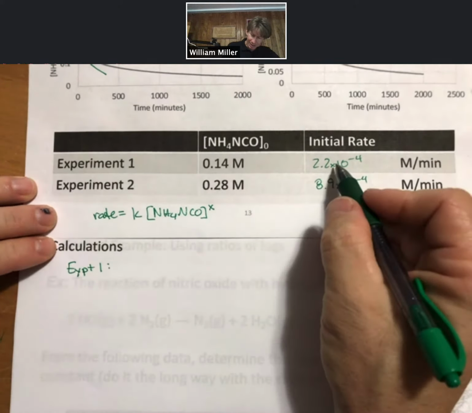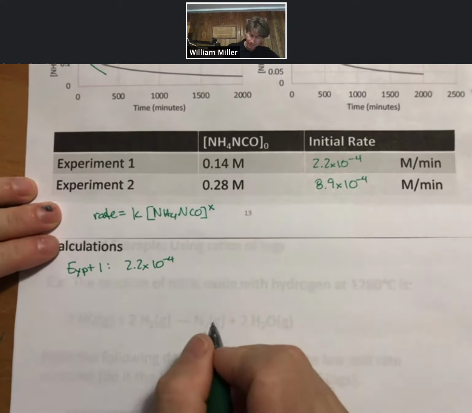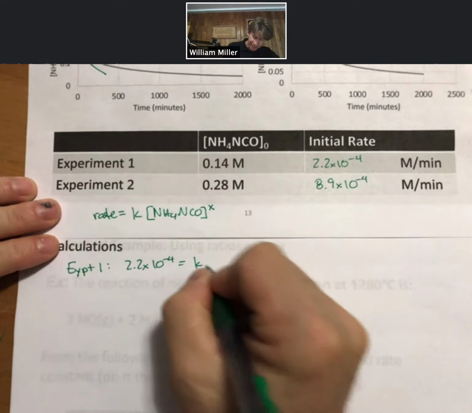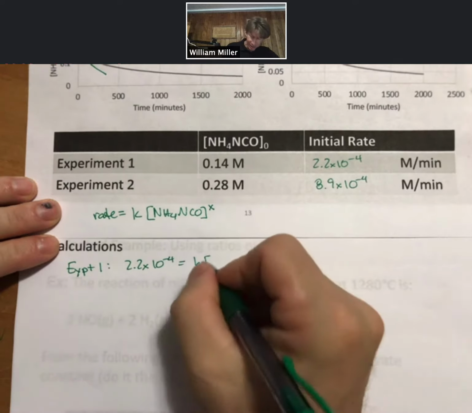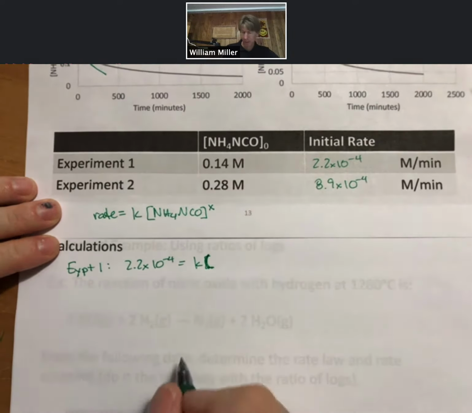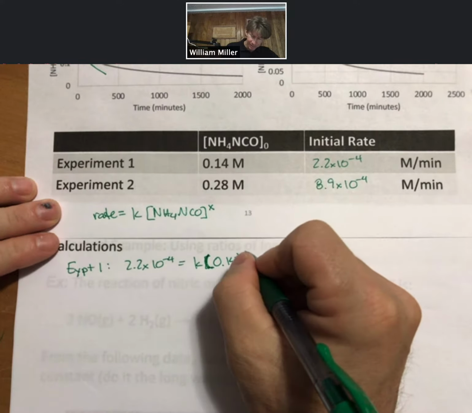We know the rate. It's going to be 2.2 times 10 to the minus 4 equals k, which we don't know, times the concentration here, which I'll use parentheses for now, 0.14 to the x.